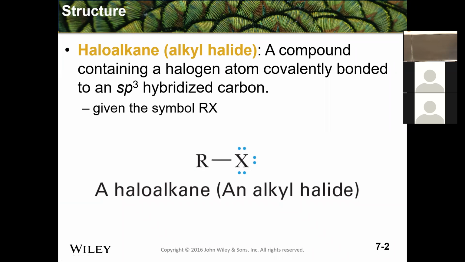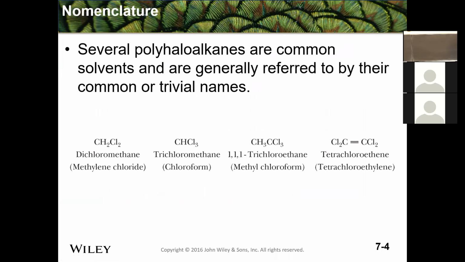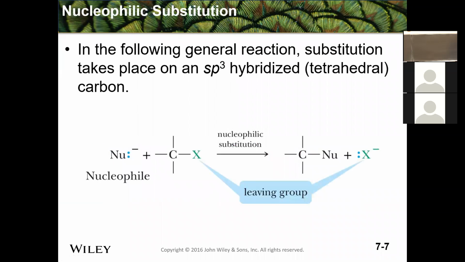Okay, in this chapter, we've looked at the properties of alkyl halides or haloalkanes, and we've also looked at two of the dominant mechanisms, both substitution. This is the general reaction for substitution.